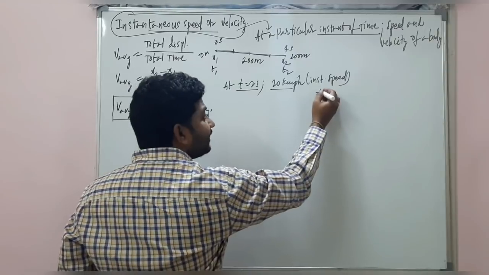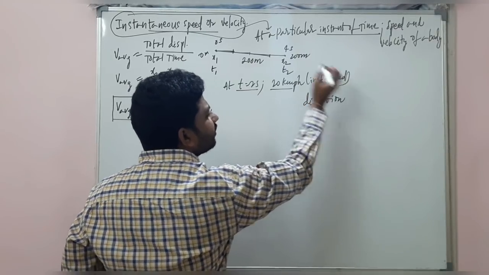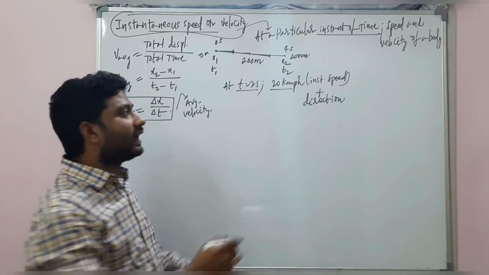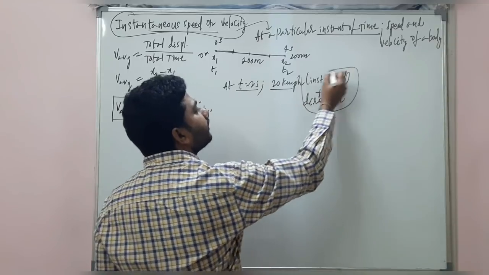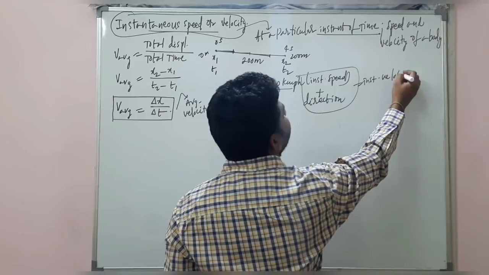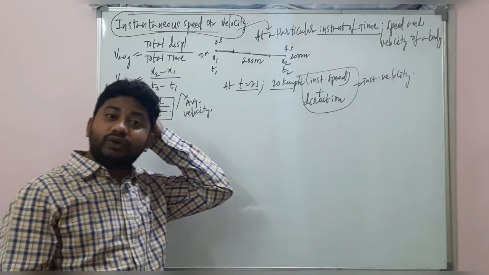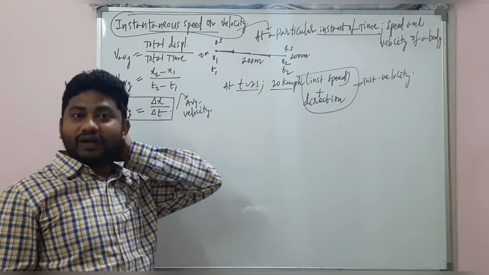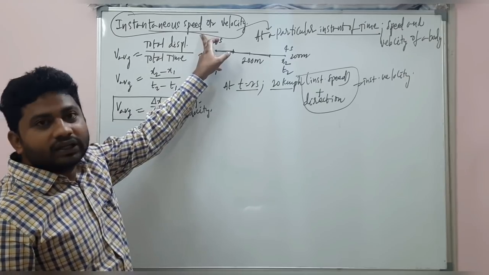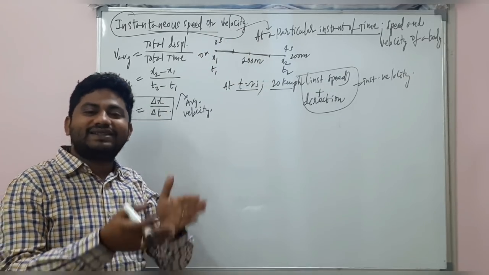If you add the direction to it, at 2 seconds the body is moving with 20 km per hour in a particular direction, and this becomes instantaneous velocity. The speed has only magnitude, but the velocity has both magnitude and direction. Alright, my dear students, at a particular instant, the speed or velocity of a moving body is called instantaneous speed or instantaneous velocity.